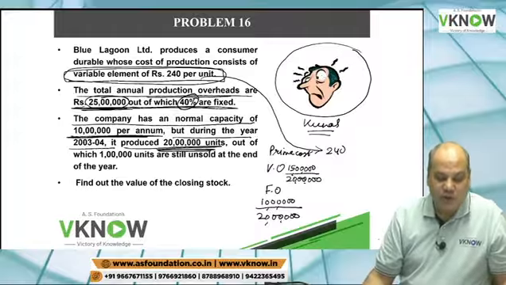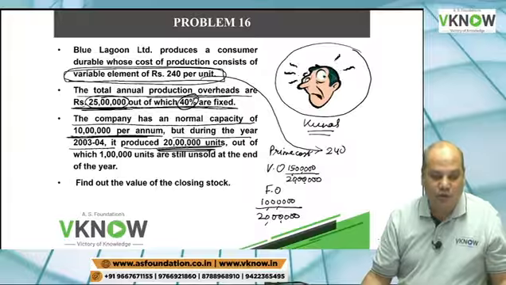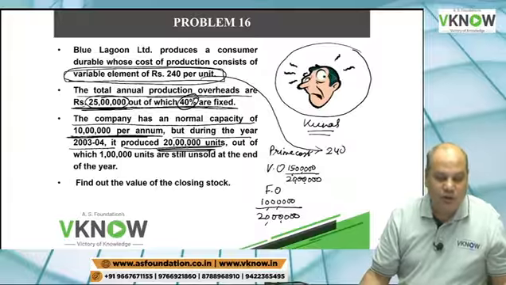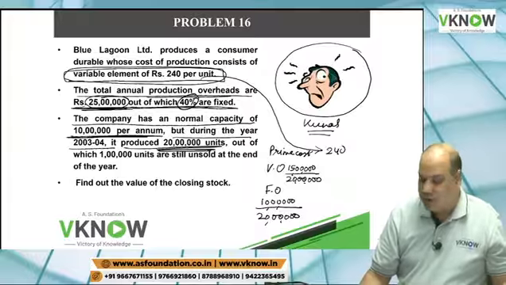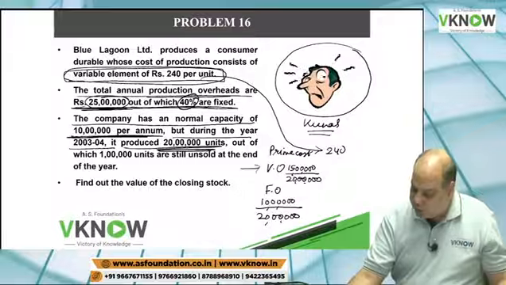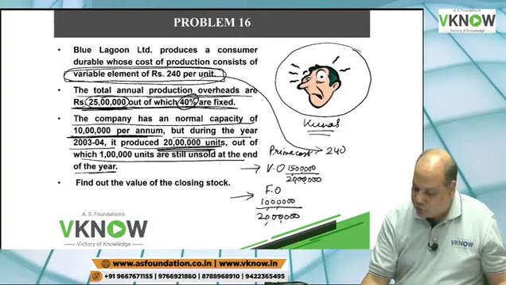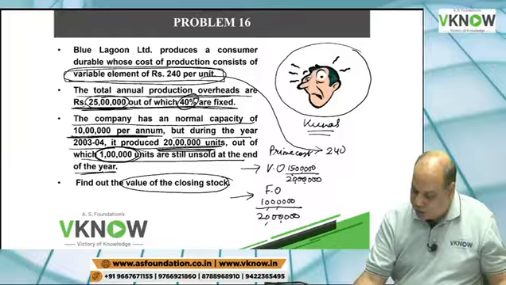Logic I have explained. Otherwise it will result into over absorption of overhead. More overhead you will consider other than what you have incurred. So this is my per unit variable overhead. This is my per unit fixed overhead. Now 1 lakh units are still unsold. So you have to find the value of 1 lakh units.